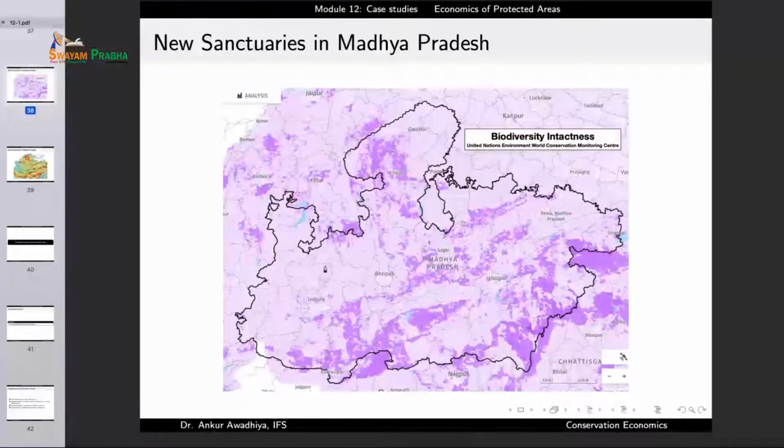These areas that have a lighter color have actually lost their biodiversity over the several years. So whenever we are making a protected area, we should ensure that there is a high level of species richness or biodiversity. So these areas which are dark in color need to be selected.